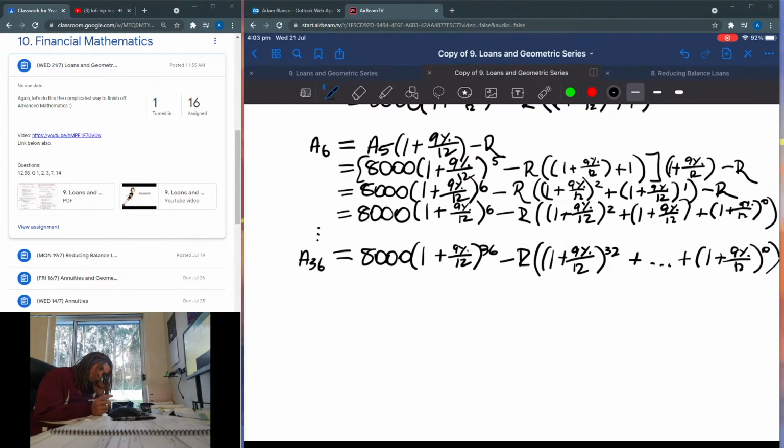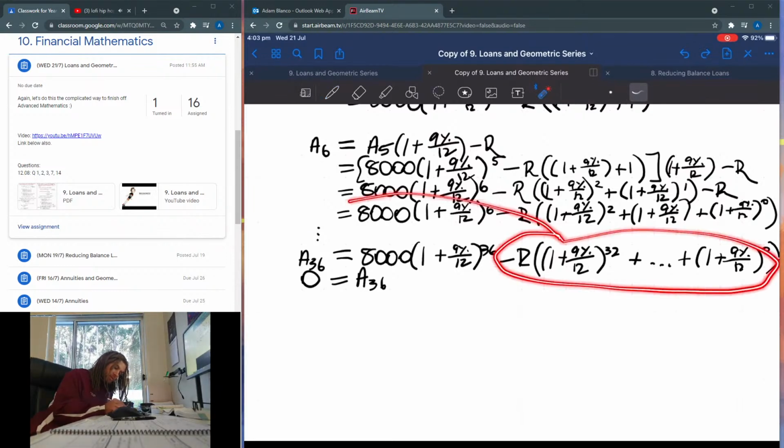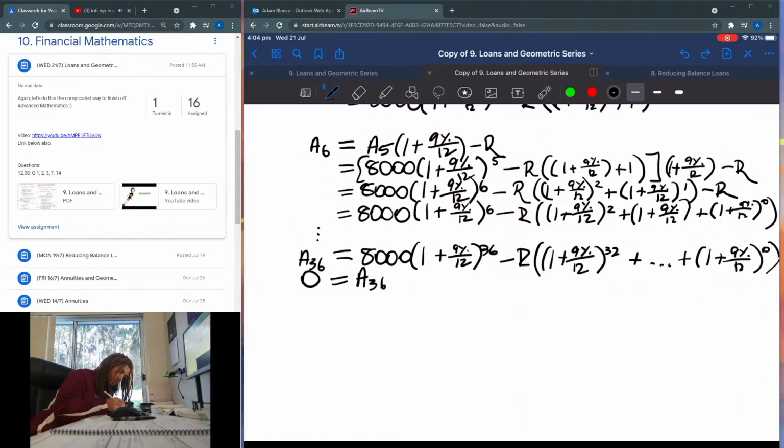Now that I've got my pattern, I know that after 36 months, this loan should have nothing on it. So in other words, that should equal 0. Now what I'm going to do is move that over there, but because I want that to be positive, I'll just swap them. Did that make any sense, what I just said?